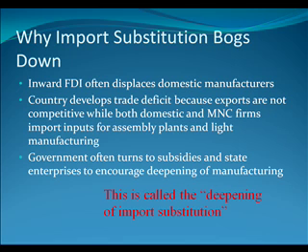So here's some of the reasons why import substitution tends to bog down. Basically, the foreign direct investment that comes in in order to jump over tariff barriers tends not to add to, but to replace domestic manufacturing. So that's one of the problems with the import substitution strategy, is it just creates an incentive for tariff jumping.